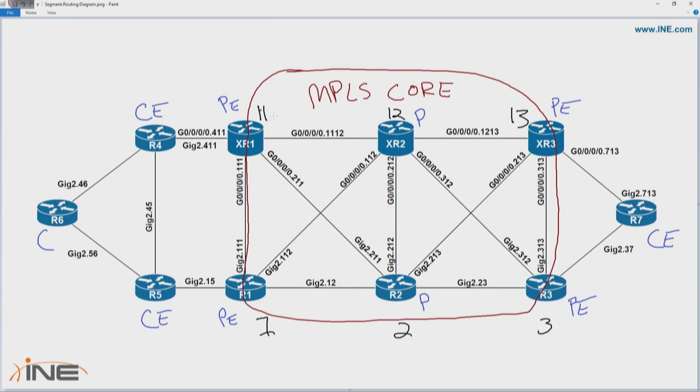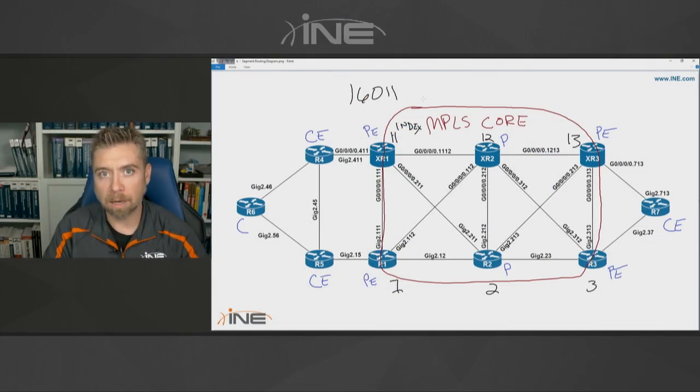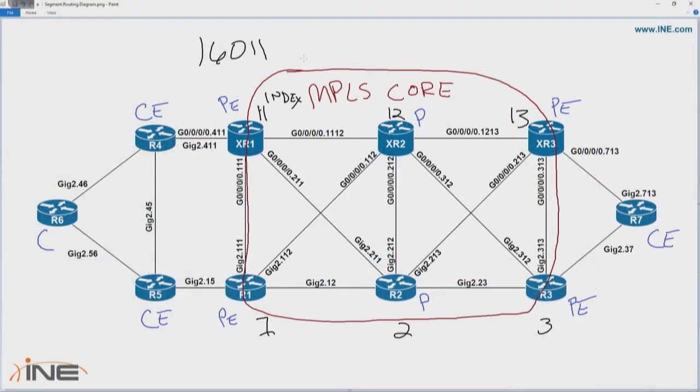XR1 is saying my index number is 11, which really means that its global label value is 16,011. This is the reason why I mentioned that you need to somehow keep track of these numbers, because they're statically defined and they are globally significant. So if somebody else chooses the index number 11, same as XR1, then we're going to have a forwarding problem in the core.